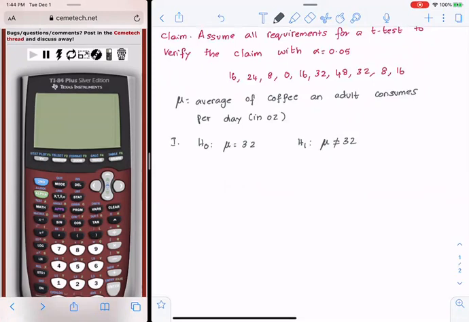The value of alpha is 0.05, which would imply that the probability of error in rejecting the null has to be 5% or below.